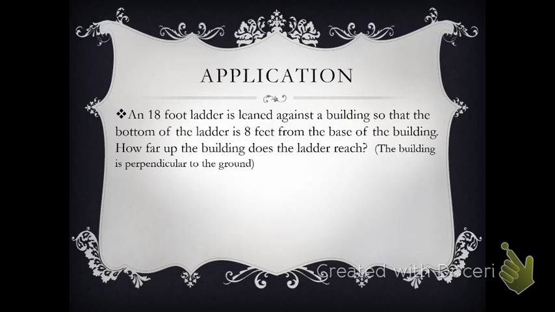All right, next let's try a word problem. An 18-foot ladder is leaned against a building so that the bottom of the ladder is 8 feet from the base of the building. Okay, so here's my building. Here's my ladder.